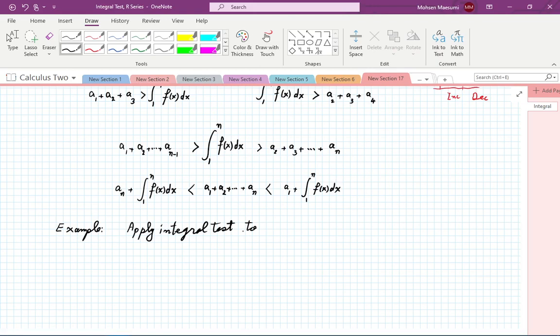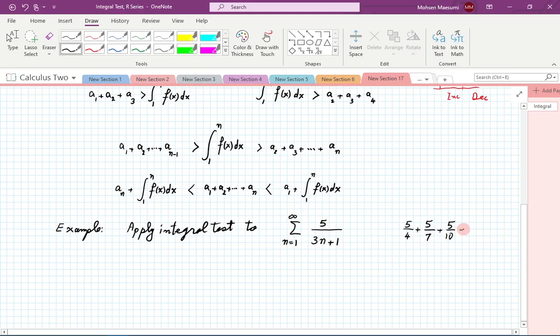So suppose we have the following: the sum of n from 1 to infinity of 5 divided by 3n plus 1. So what sequence are we talking about? This would be 5 divided by, the first term is going to be 4, the next is 7, and the next one is 10, and so on we go.